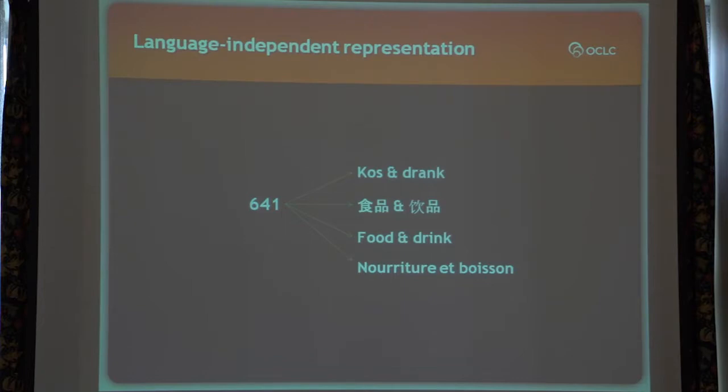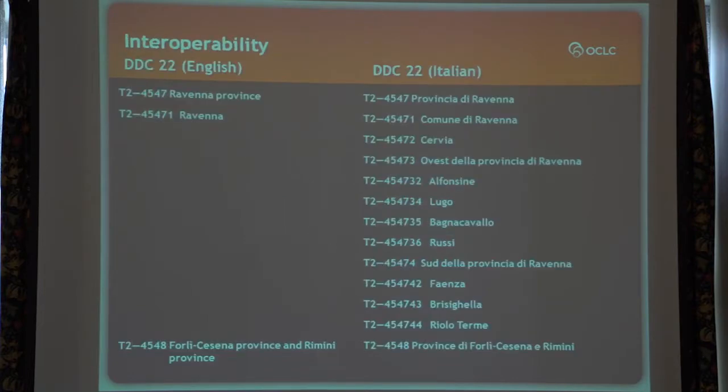But we also operate on principles of interoperability and localization. So when I talk about interoperability, I'm talking about that any particular class is functionally equivalent at the same notational level within the same edition in the same time slice. But there may be expansions, interoperable expansions, needed by the particular language group.